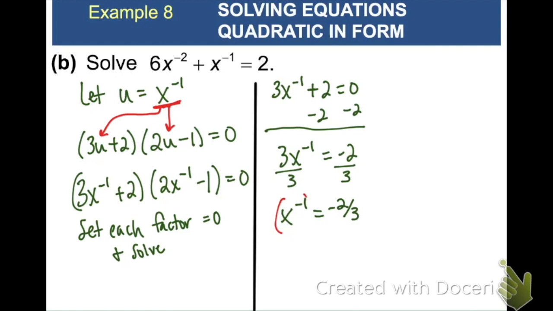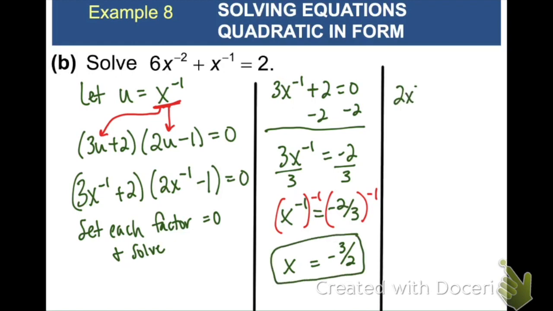So in this case, we're going to raise it to the -1. That gives me just x on the left. And on the right, whenever we raise a fraction to a negative exponent, all it does is flip the fraction. So it moves the 3 to the top and the 2 to the bottom, and it's still negative. Same thing with our other factor.